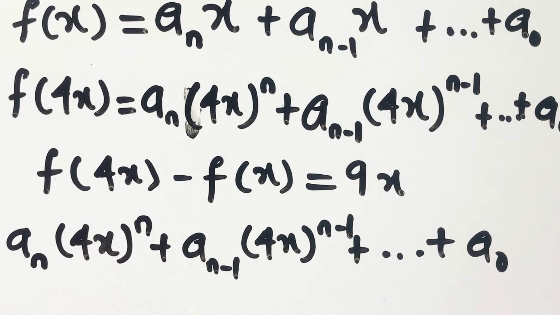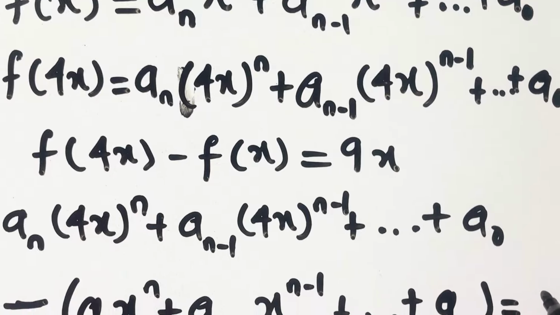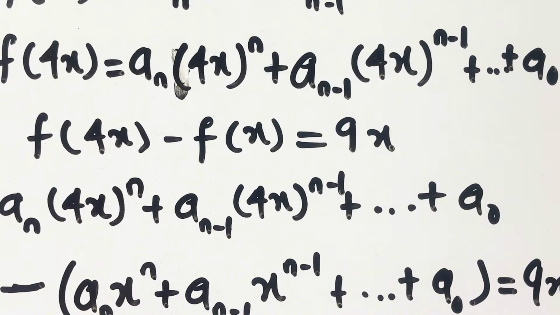Then we have minus a_n x raised to power n plus a_(n-1) x raised to power n minus 1. This also continues until a_0. Everything here is equal to 9x.